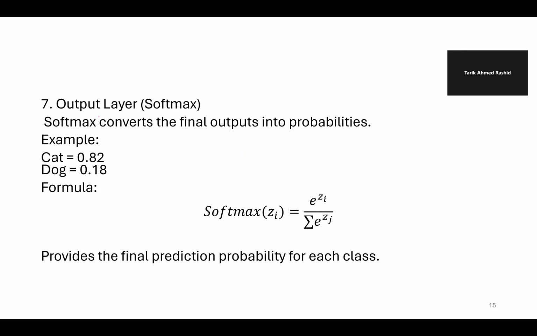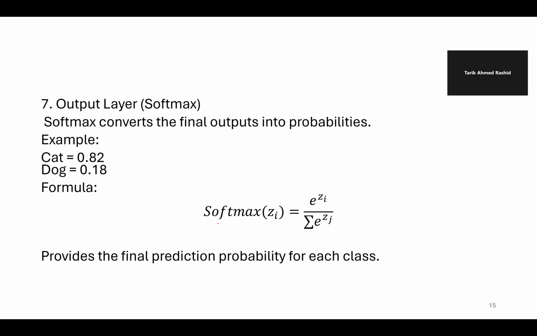Okay. Now, output layer, this is the softmax, which converts the final output into probabilities, for example, so that the voting can be done. Cat 0.82, dog 0.18, so cat will be considered. The class is cat.